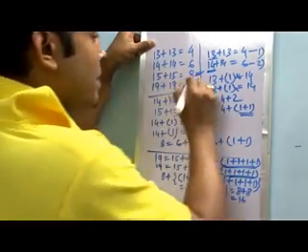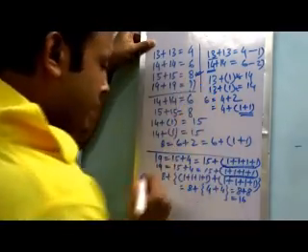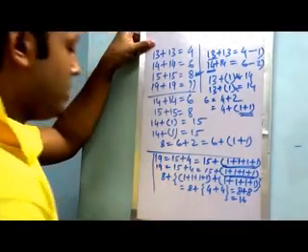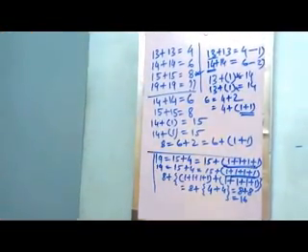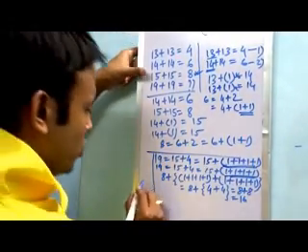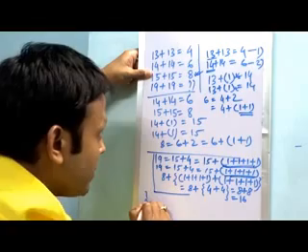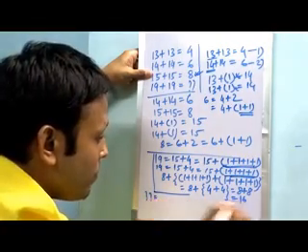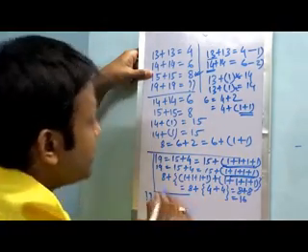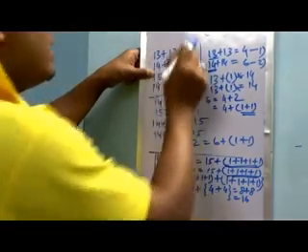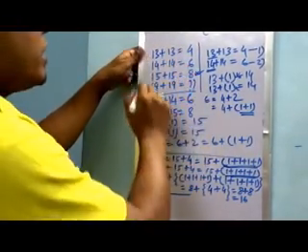So 19 plus 19 will be 16 from the logic. So the question mark will be replaced with the number 16 to complete the logical series or equational riddle.